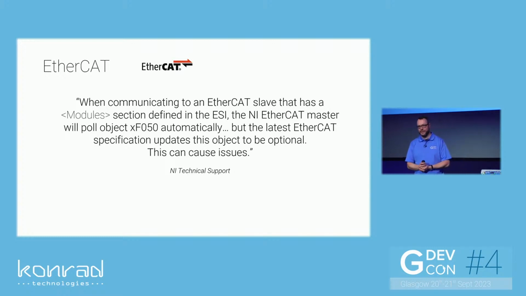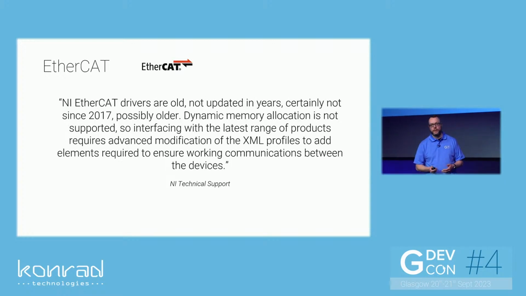The latest EtherCAT specification updates this object to be optional. The NI drivers expect it. If it doesn't exist, it's not going to work. You can't make the device create that object. That is a problem, and it cannot be worked around. The device just isn't going to work.